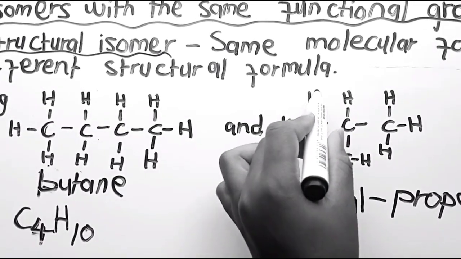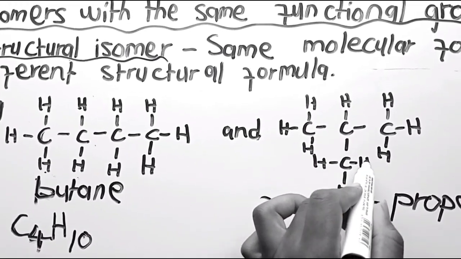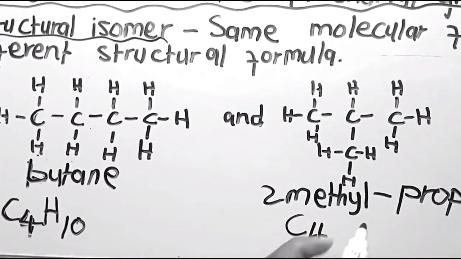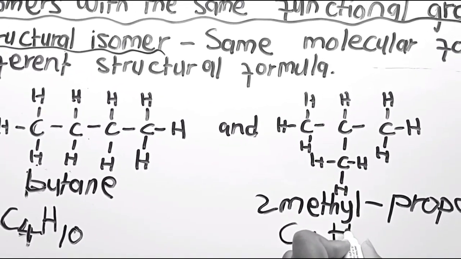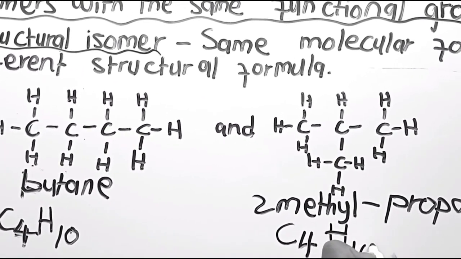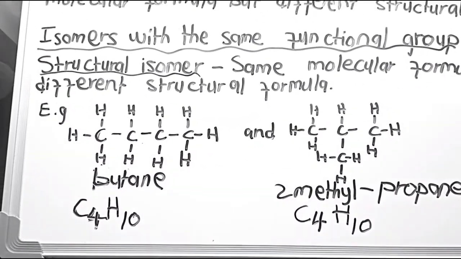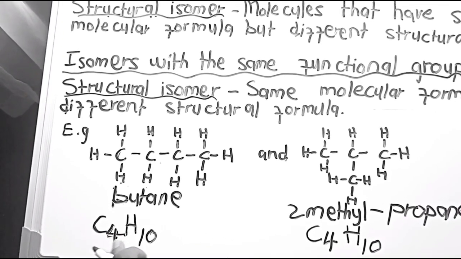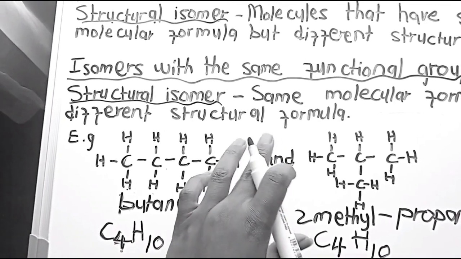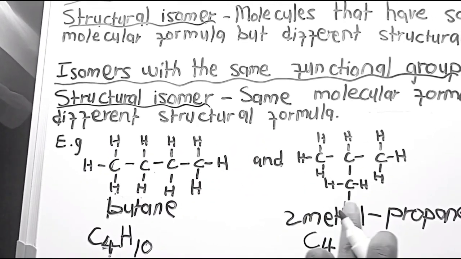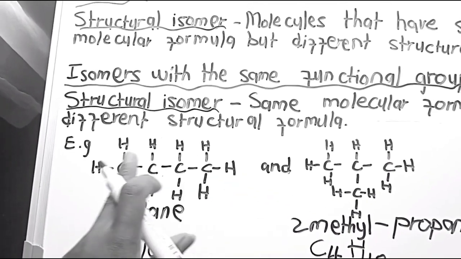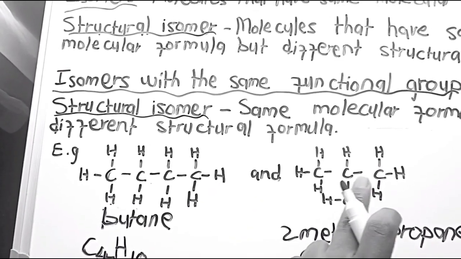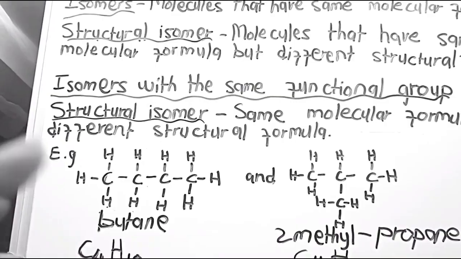How many hydrogens? 1, 2, 3, 4, 5, 6, 7, 8, 9, 10, H10. So that's why we say they are structural isomers: they have the same molecular formula but different structural formulas. This one is a straight chain, and this one has a branch, which is an alkyl group.